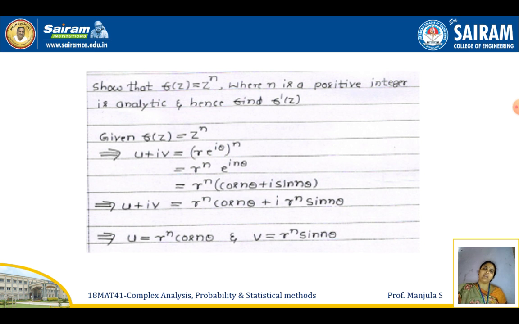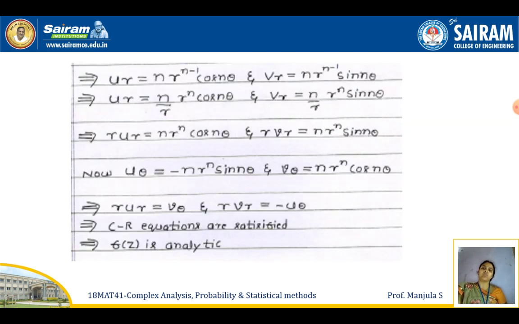By equating the real and imaginary parts, u is r to the power n into cos n theta and v is r to the power n into sin n theta. Find all the partial derivatives ur, u theta, vr, v theta, and compare with the CR equations in polar form, that is r into ur equals v theta and r into vr equals minus u theta. That is also satisfied.